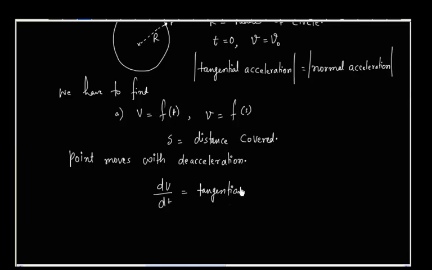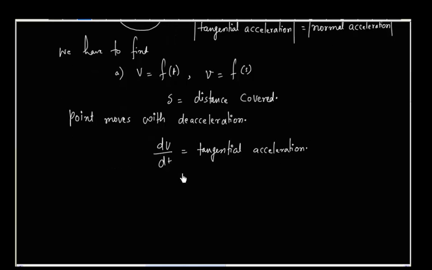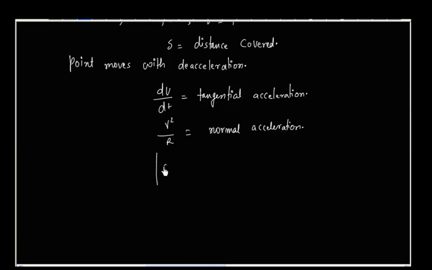dv by dt is tangential acceleration and v square by r is normal acceleration. So magnitude of these two accelerations are equal.